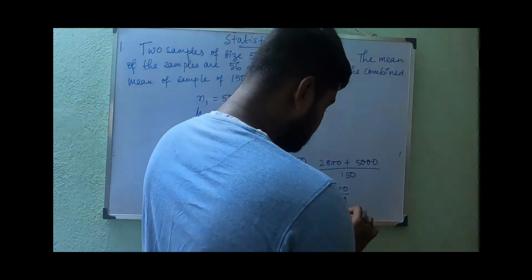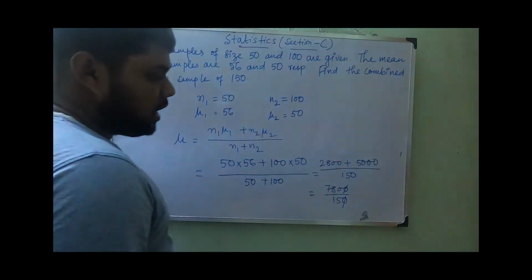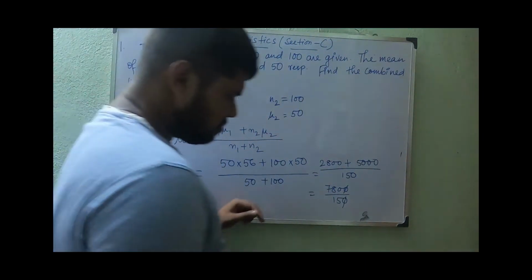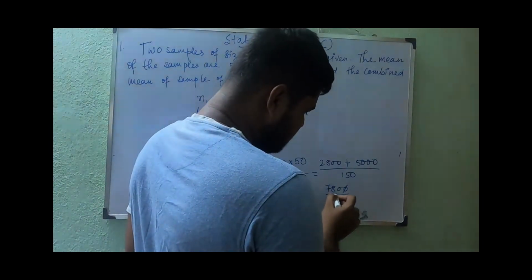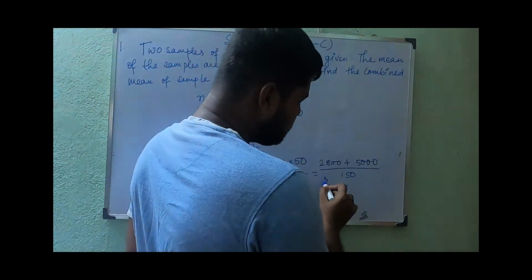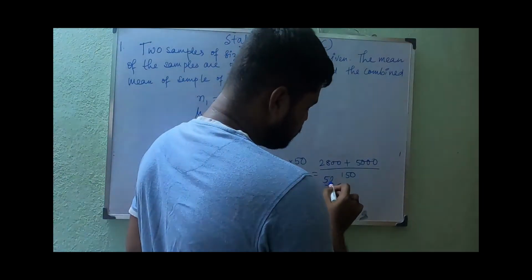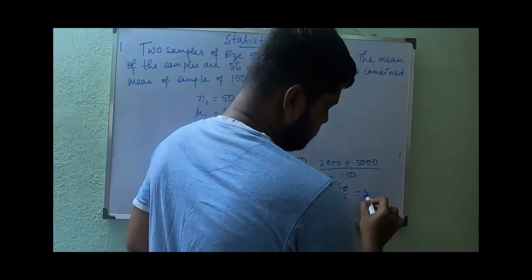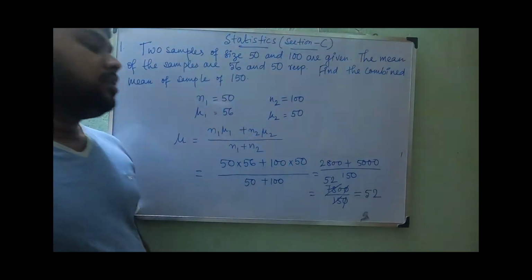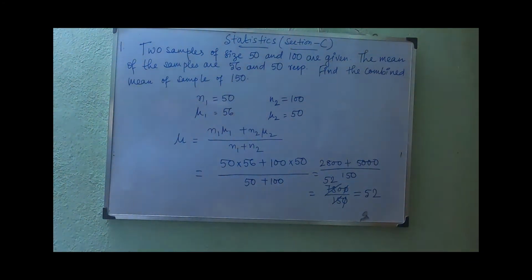If you cancel, 15 and 780 cancel, this goes for 5 and 30 goes for 2. So therefore the combined mean is 52. Fine, that's how simple it is.